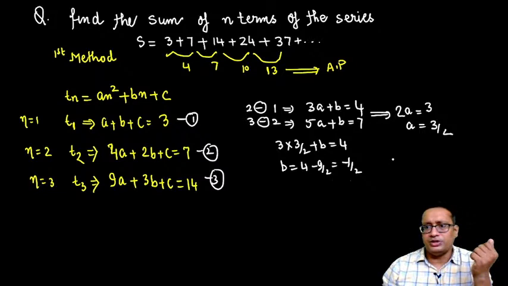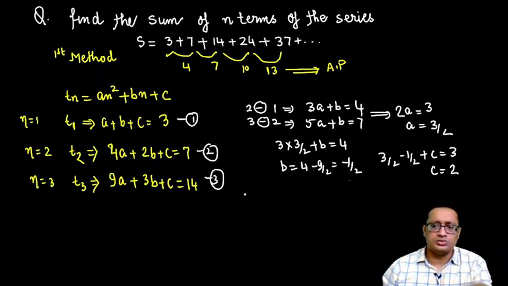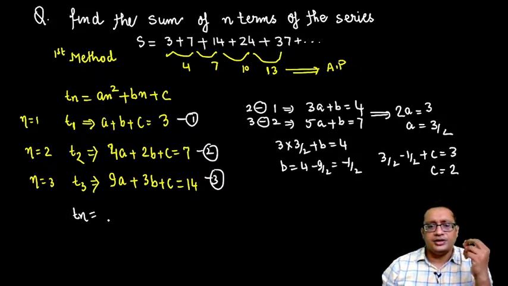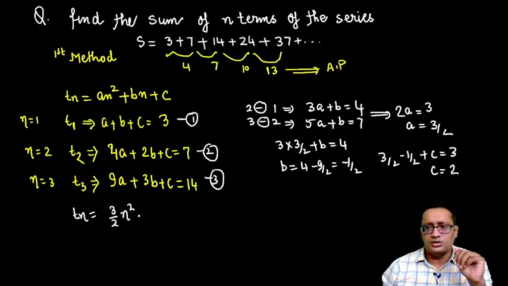Then a plus b plus c: 3 by 2 minus 1 by 2 plus c is equal to 3, so c becomes 2. So the nth term of this series is 3 by 2 n square minus half n plus 2.